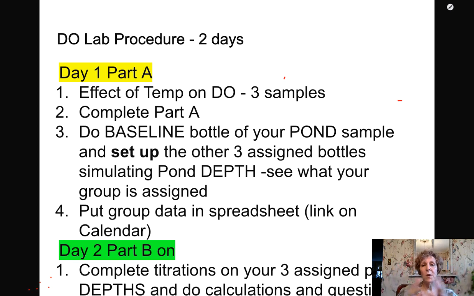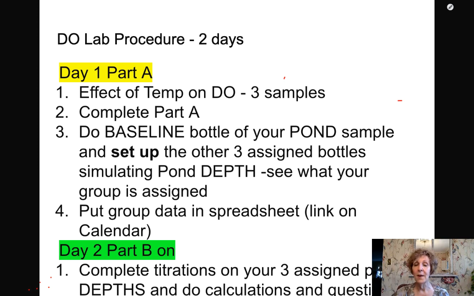So just very quickly, day 1 is part A. You're going to do 3 samples of cold, room temperature, and warm water. And then you are going to use your nomogram to figure out the percent saturation of oxygen in those 3 samples. Then you're going to set up the baseline of your pond samples, and you'll be assigned different depths and different amounts of screening.